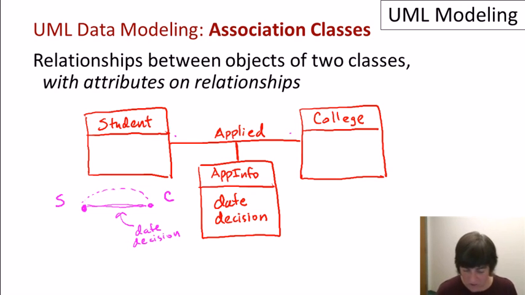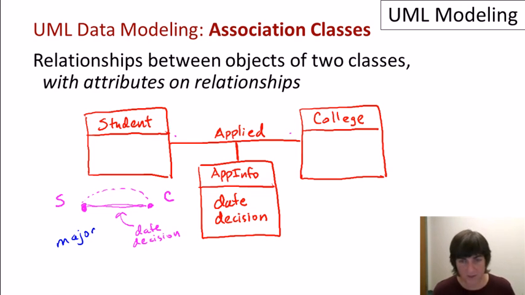So when we have an association, it assumes at most one relationship between two objects. So for example, if we wanted to add the possibility that students could apply to the same college multiple times, so maybe they want to apply separately for different majors, that would actually have to be captured quite differently. We'd have to add a separate class that was for the application information with separate relationships to the students and colleges. So this is, in my mind, a slight deficiency of UML.